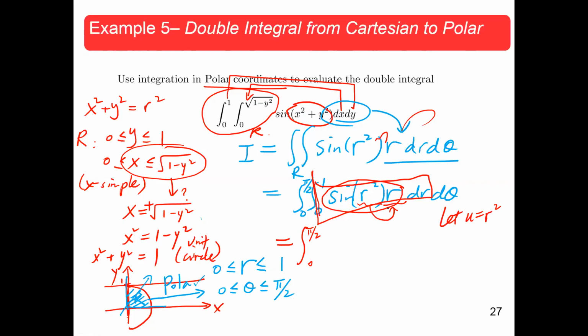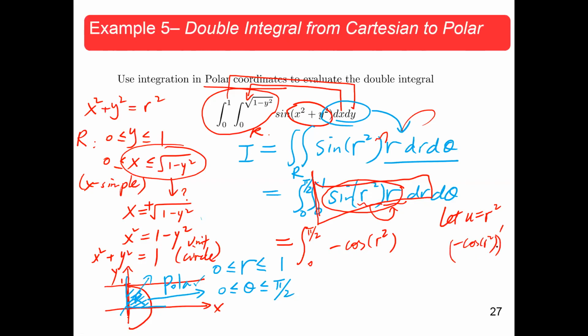So if you're familiar with that, this r comes from sine r squared, and this part is sine u. So the antiderivative would be negative cosine u in general. And think about it, what is going to be the derivative of negative cosine r squared?